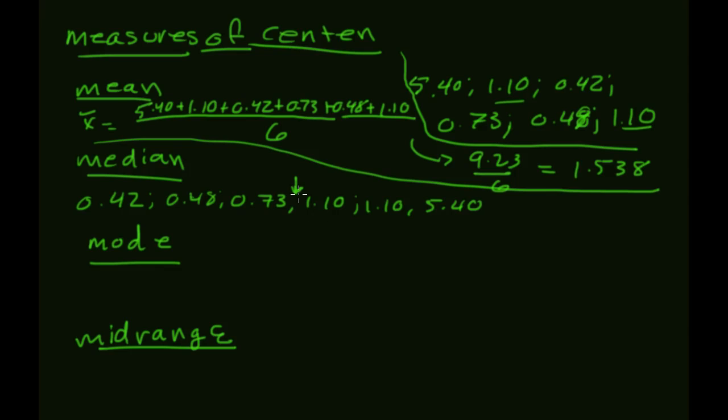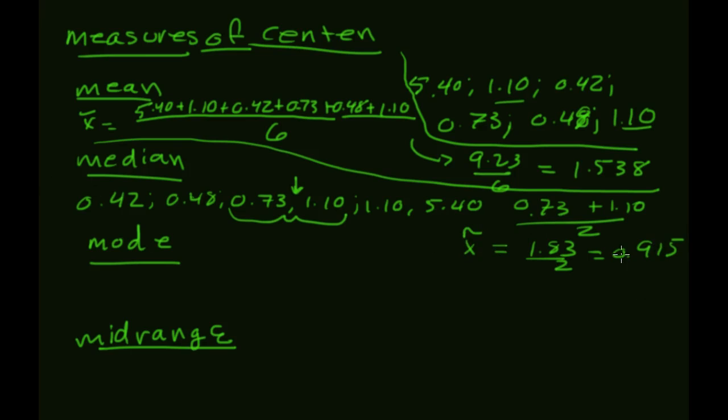That would be if you had an odd number of entries, but here we have an even number, so we have 2 points in the middle. So we find the average of those. We take 0.73 and add that to 1.10, divide by 2, which gives us 1.83 over 2, which ultimately becomes 0.915. For this value, we oftentimes use x tilde. So this is the median. It is the middle number.